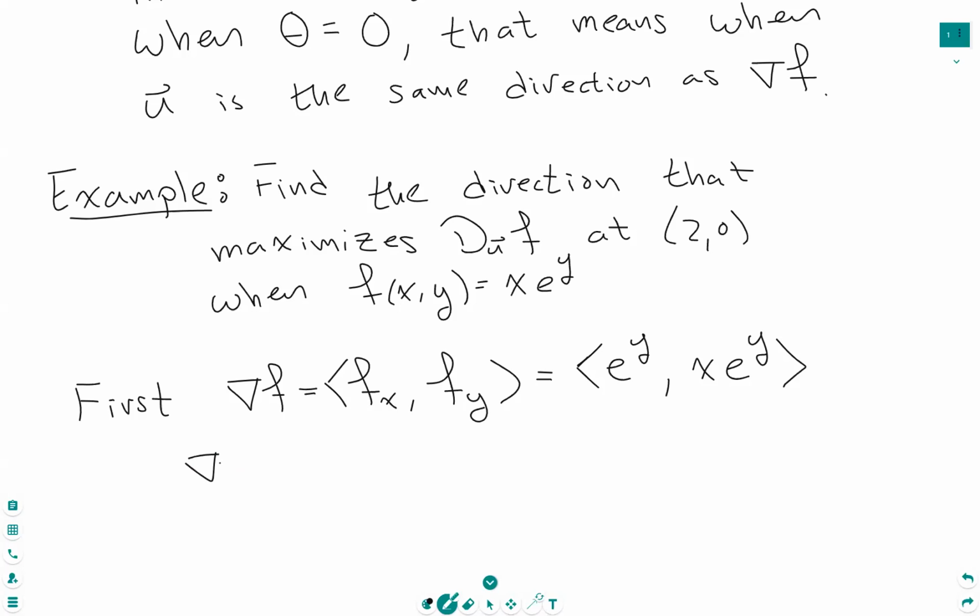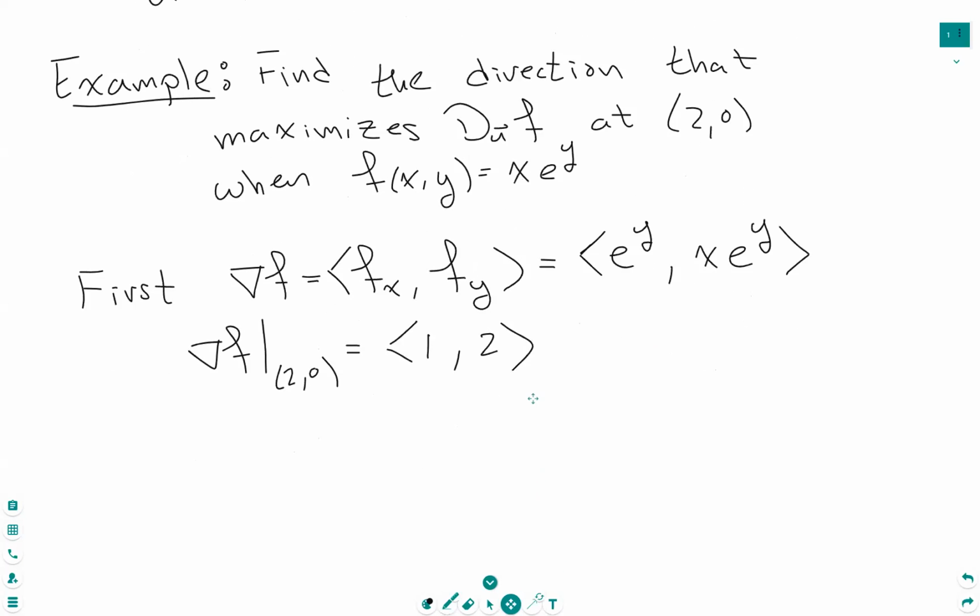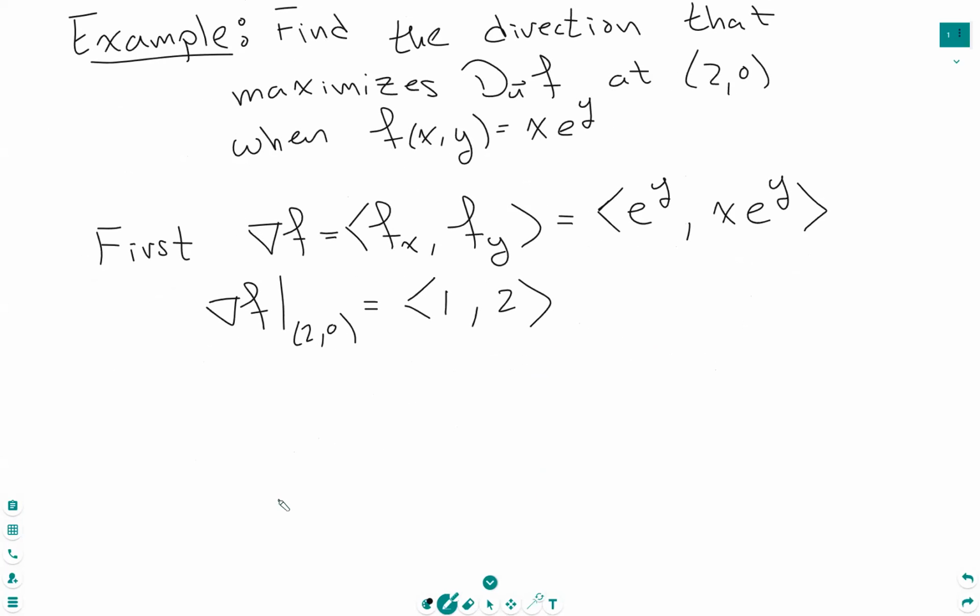So then the gradient of f at the point (2, 0) is, we plug in 0 for y. So here we get just 1. And then we get, again, 1 from here, and then times a 2. So we get (1, 2). So this is the direction that maximizes the directional derivative at this location.